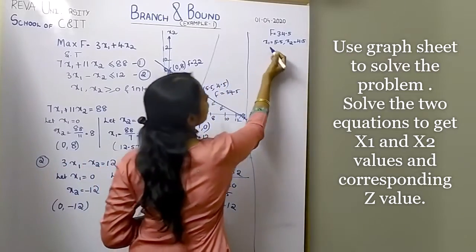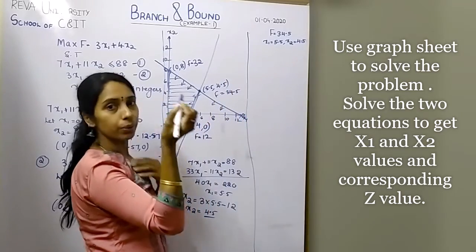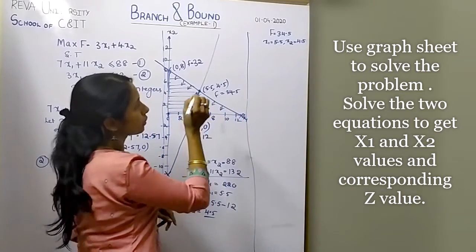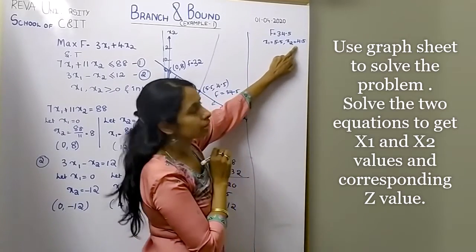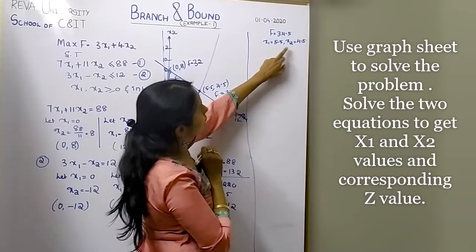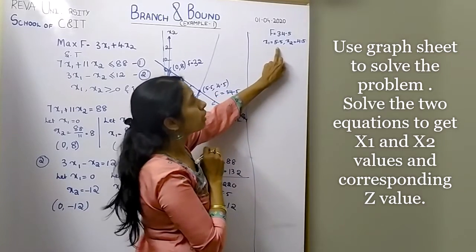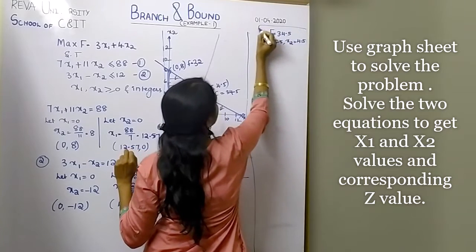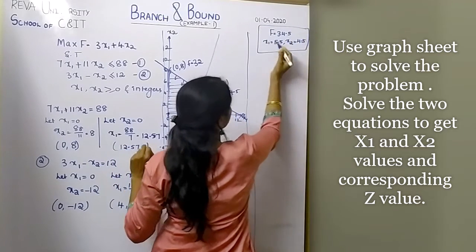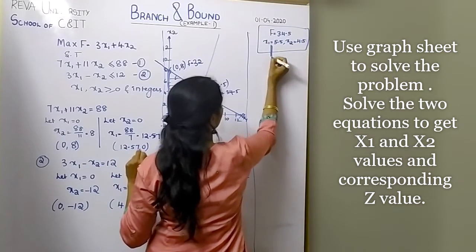So, now we have to branch this to get the integer value. Since both are fractions, to select x1 or x2, I will go for the maximum value. Maximum value here is x1.